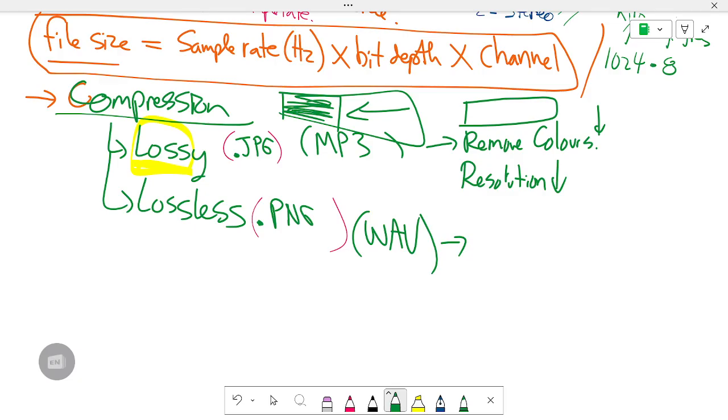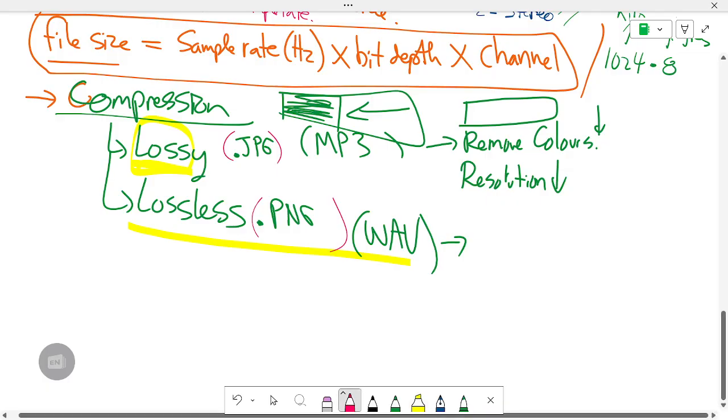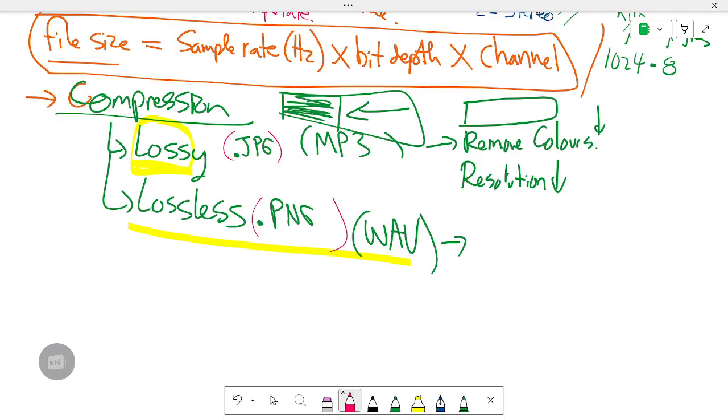What does lossless compression mean? Do we lose any data? No, can you return? Yes. No data is lost. Okay? This one, data is lost.